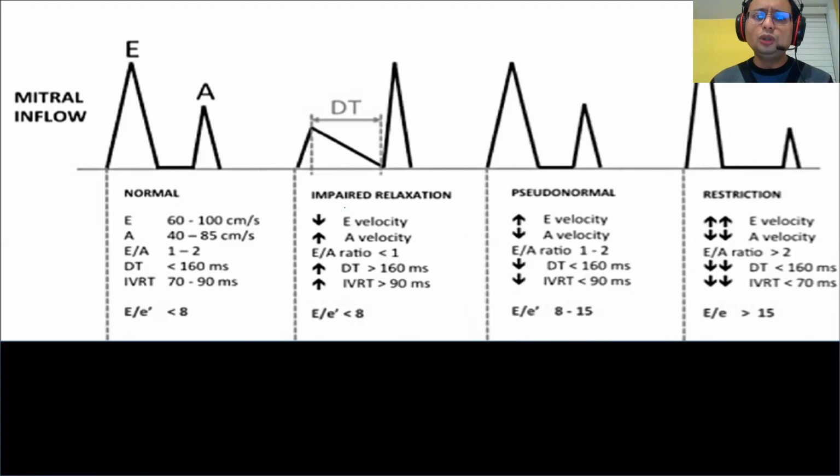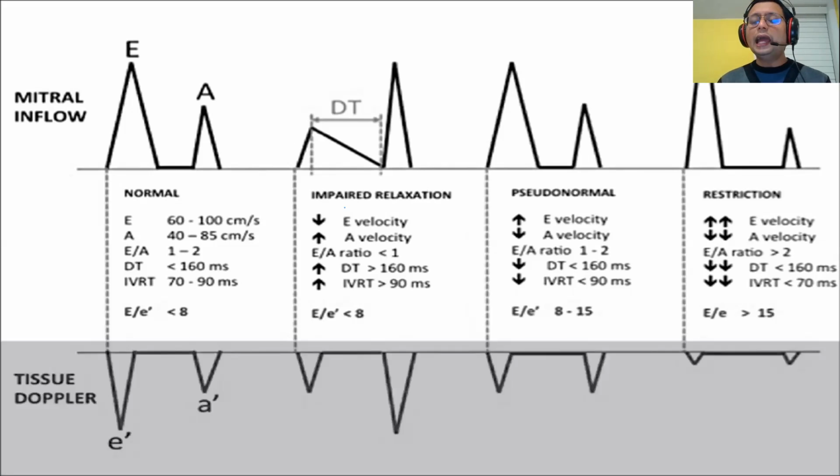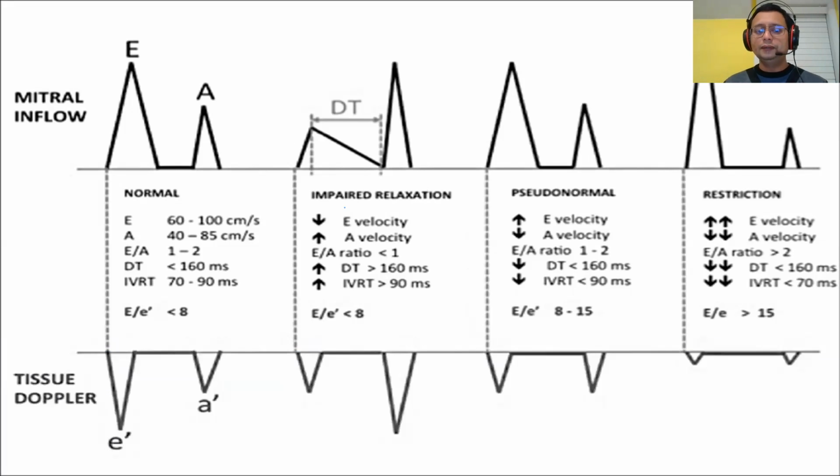So what is the solution for all this? The solution, of course, is the advent of tissue Doppler. If you look at your E prime, rather than coming back to the initial phase, the E prime actually goes lower and lower as the diastolic function worsens. Therefore, with the use of tissue Doppler, you can overcome the confusion.